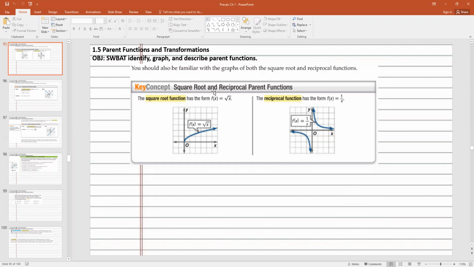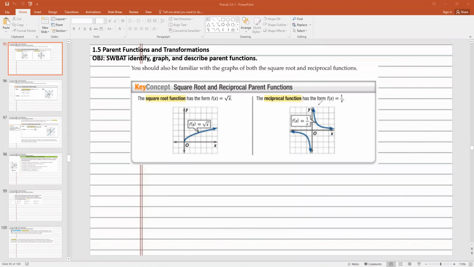The reason why it's cut in half is because you can't have negatives inside the square root, so the output is always going to be positive, right? And we can't have negative x's, so there's nothing over here on the left side. So there you go, that's it. It's a square root function.